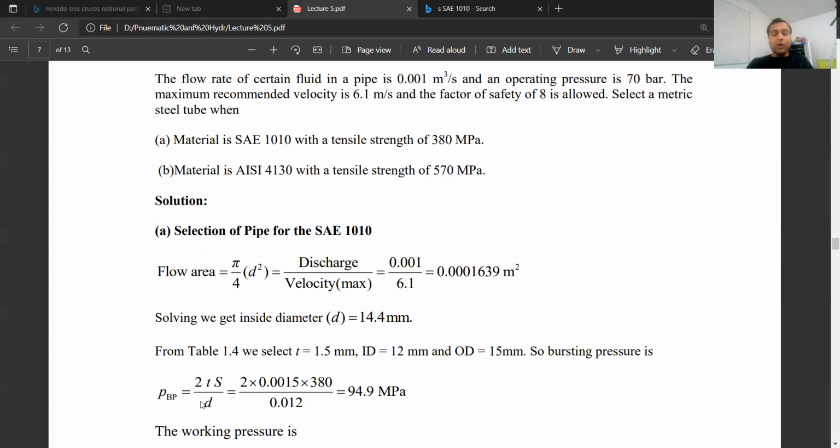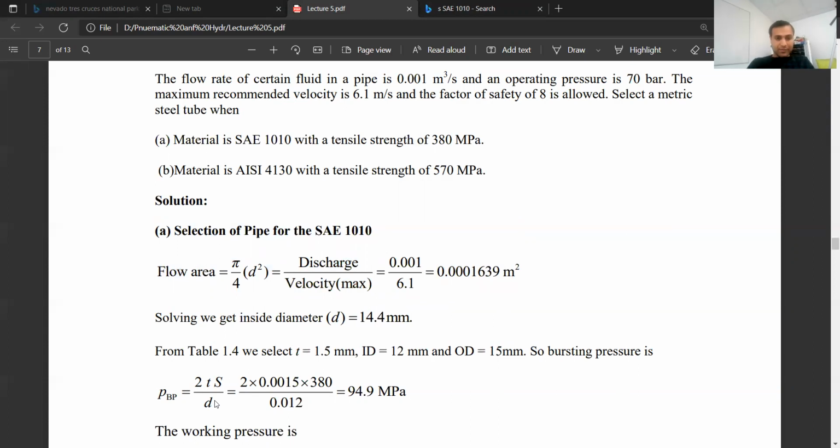It's up to you if you want to convert the tensile strength from megapascal to pascal, or convert the thickness and diameter into meters. You can keep it in millimeters, it still gives you the same answer.